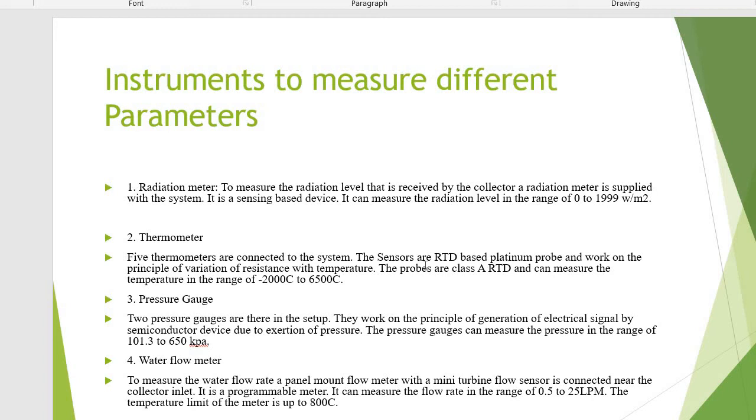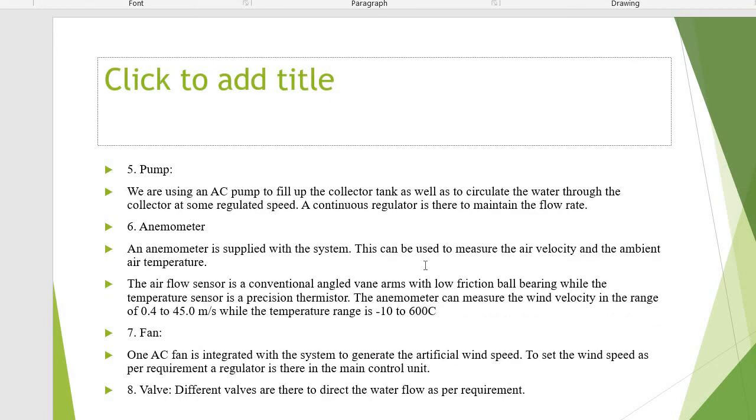Five thermometers are connected to the system. The sensors are RTD based. You might have studied these in electrical measurements also. For the pressure gauge and water flow meter, we measure the flow rate with a panel mount flow meter with a mini turbine flow sensor, which is connected to the collector inlet.